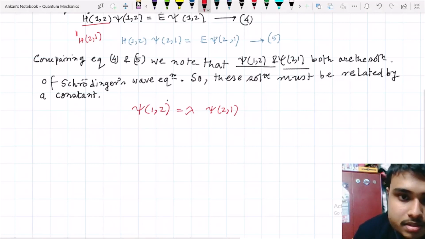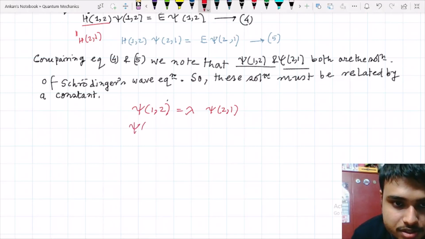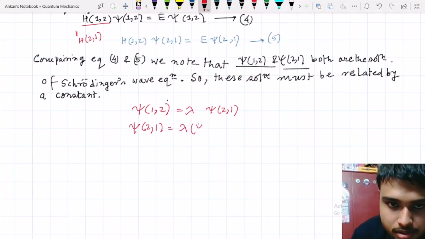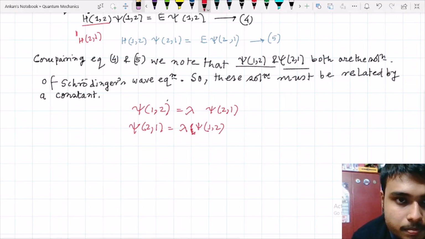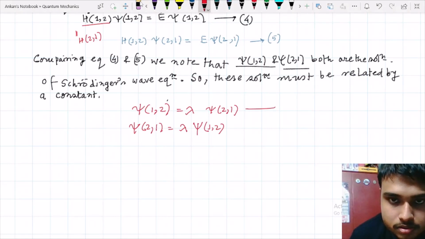Similarly we can also write psi 2 1 as lambda into psi 1 2. Name these 6 and 7.